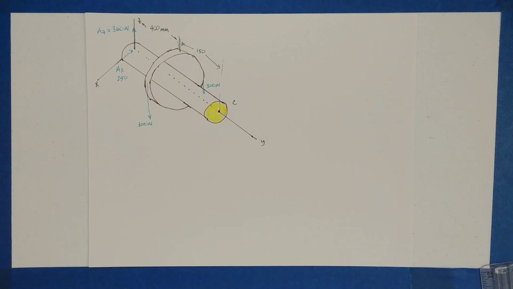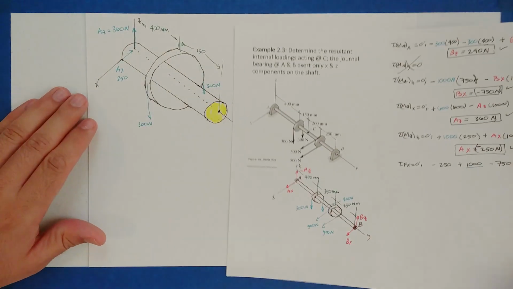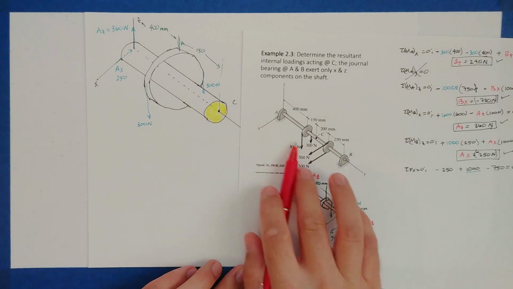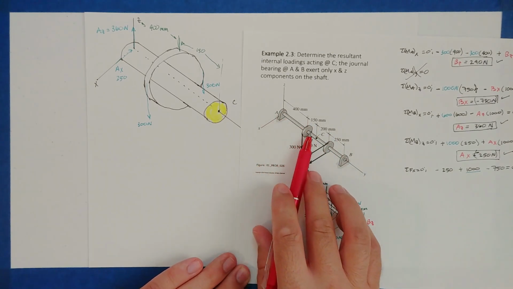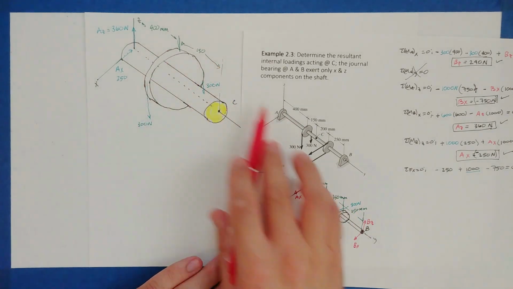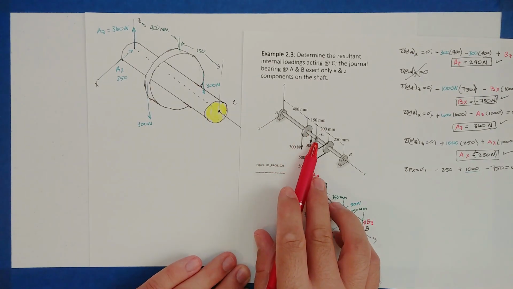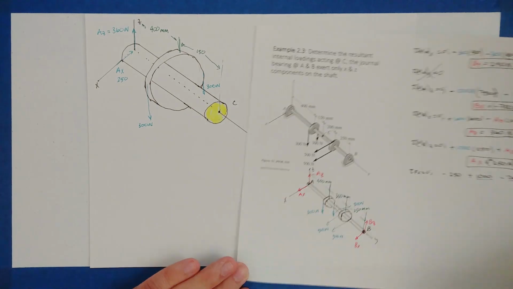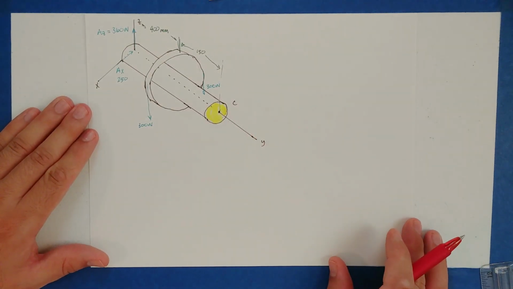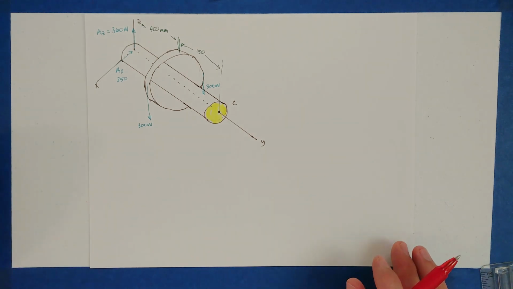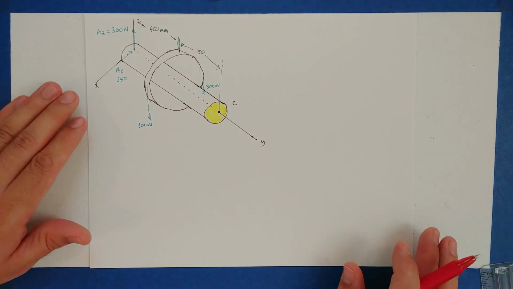All right, so I drew here this section over here. From A to the pulley is 400 millimeters, and then from that pulley to point C is 150. I over-exaggerated the diameter of the shaft just to make it clear. Hopefully it doesn't confuse you.